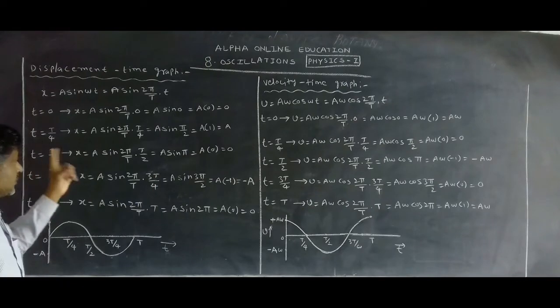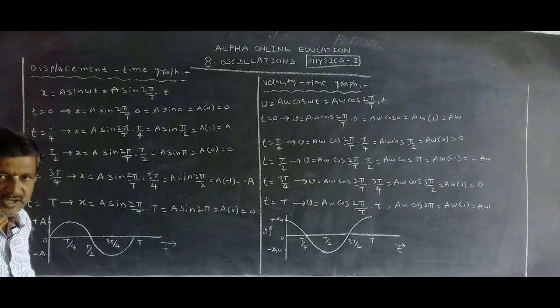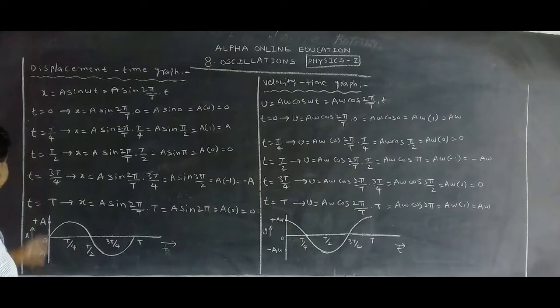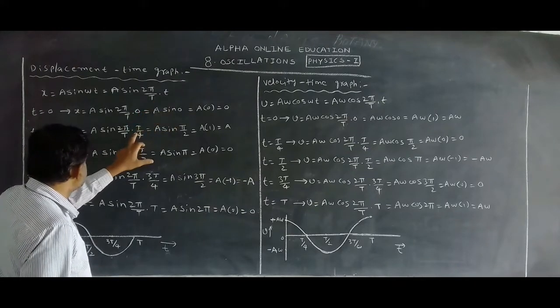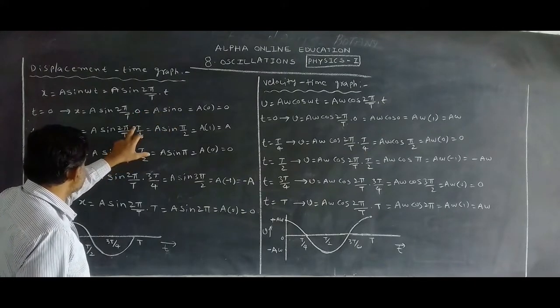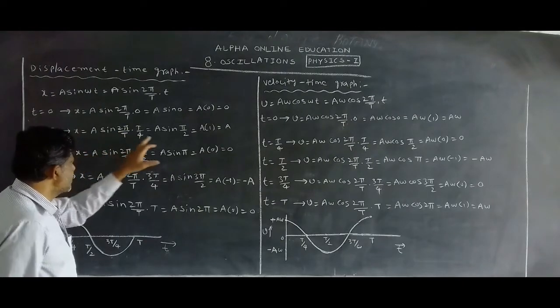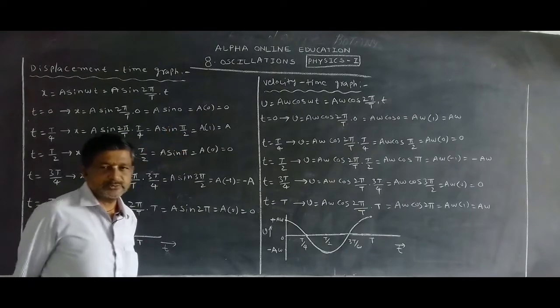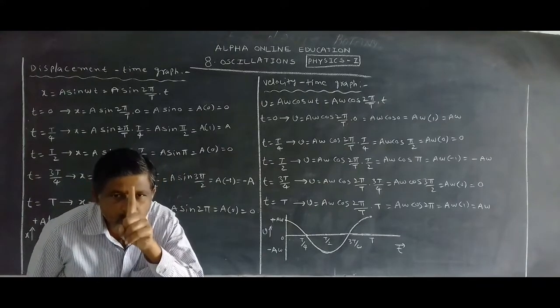When t is equal to T by 4, one fourth of the time period, substitute t is equal to T by 4; T cancels, 2 by 4. What we get: x is equal to A sin(pi by 2). Sin pi by 2 means sin 90. Sin 90 is how much? 1.